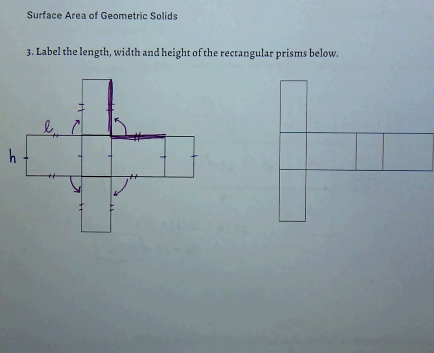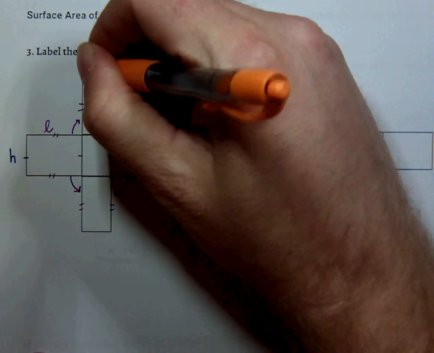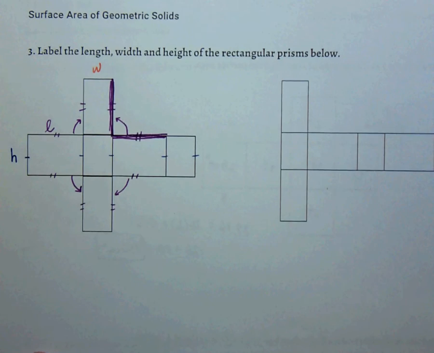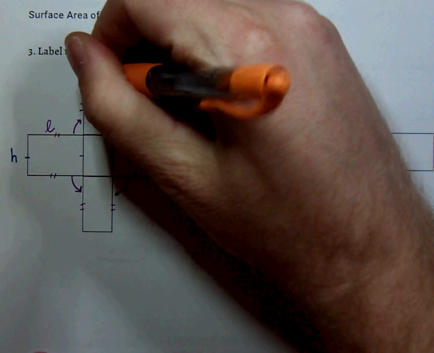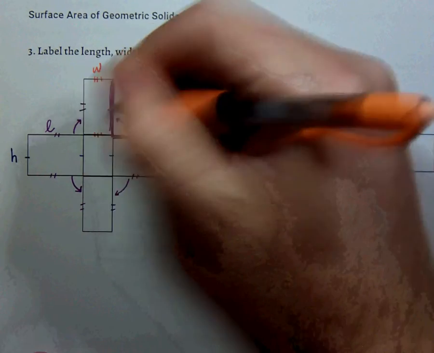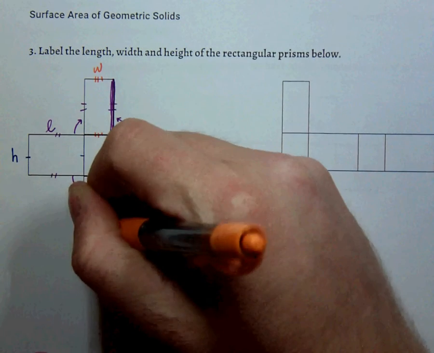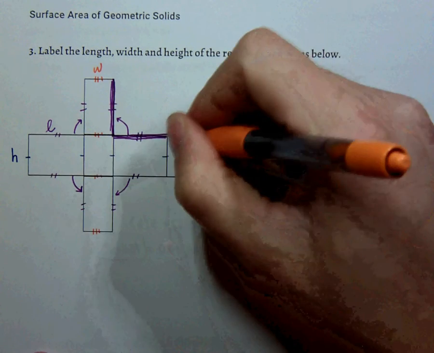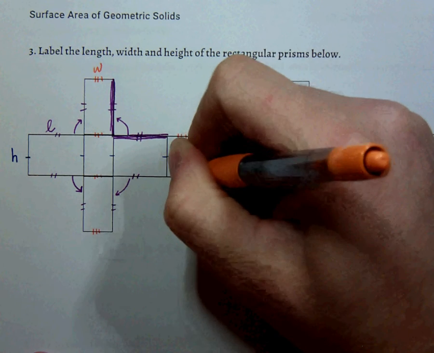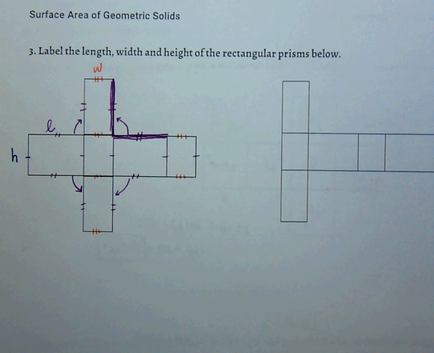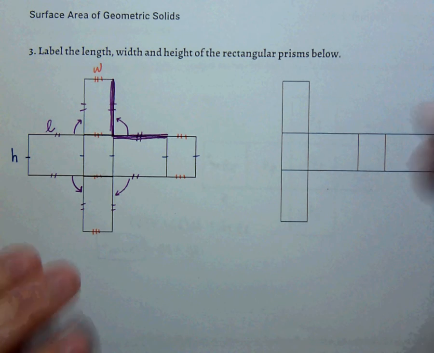And finally, we want the width. So I'm going to call that the width. So everything here goes all the way down, and this one on the end is also that length. So we've got height, length, and width. We can also just label them. So I'm going to use the same things.